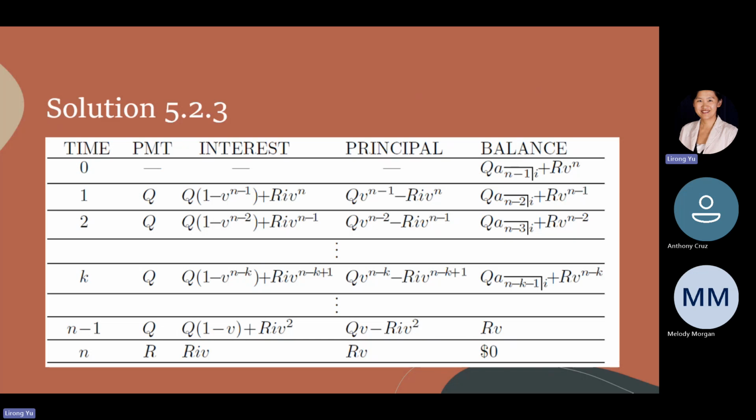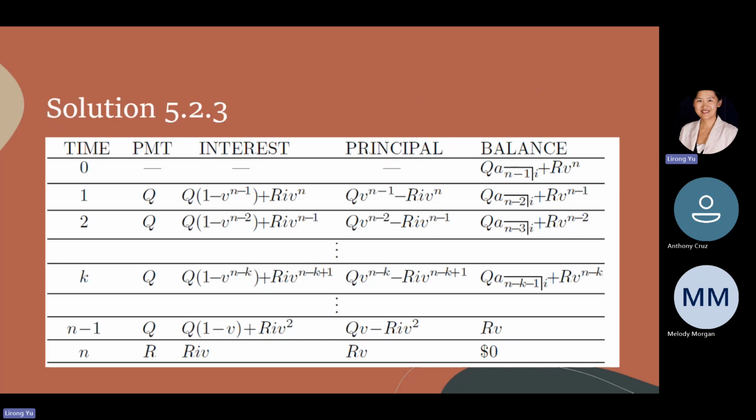And then with the balance given, you take your balance, multiply by i, and then you have your interest column. Once the interest column is all set, you use your payment column value minus the interest column value, which gives you the principal value. So systematically speaking, this is how we set up the table and conform with what each column is supposed to be. Any question?